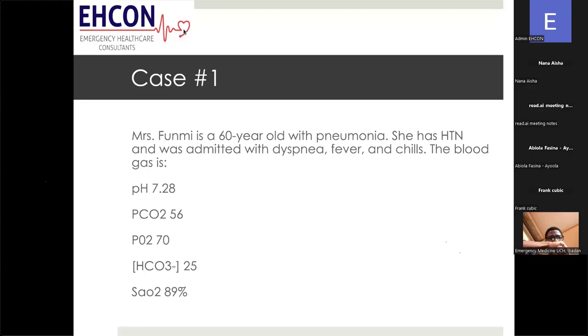A word on the pulse oximeters: we are dealing in Africa, and you do need to be very cognizant of the fact that there are some minor changes to the values of the pulse oximeter. It may not be as accurate in dark-skinned people.